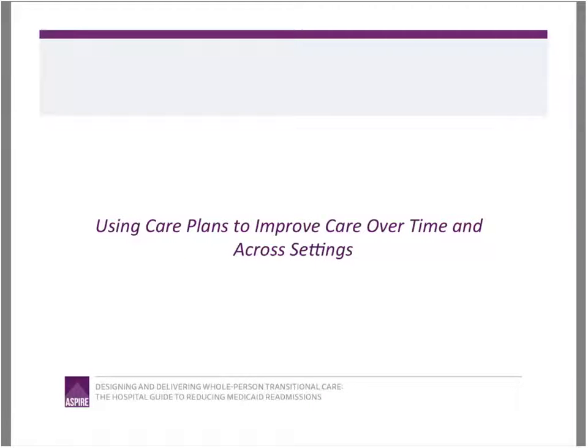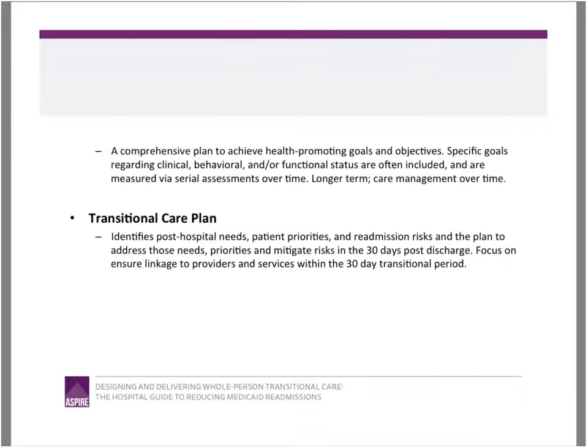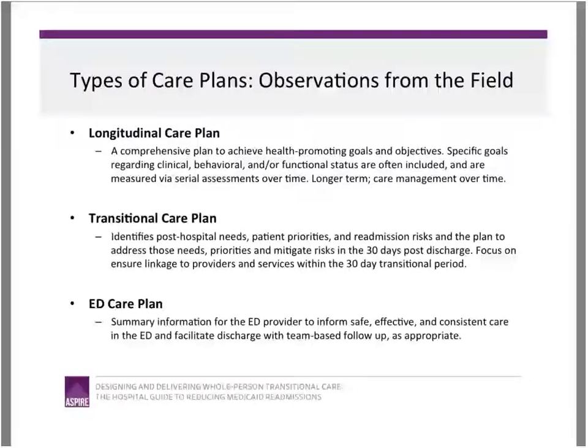So moving from high utilizer programs takes us into one of the newest tools that we're seeing emerging in high-risk / high utilizer programs across our fieldwork, which is to use care plans to improve care over time and across settings. Of course, we recognize that the presence of care plans has been a tool in care management for a long time.